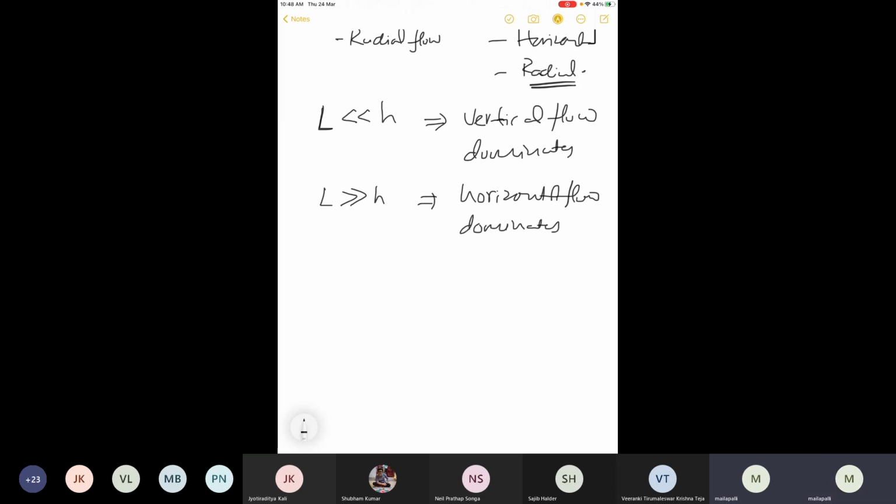We don't know exactly what the length and H are, but if small H is very, very small compared to the length, then we can consider it as horizontal flow. And when L is equal to H, then radial flow dominates.